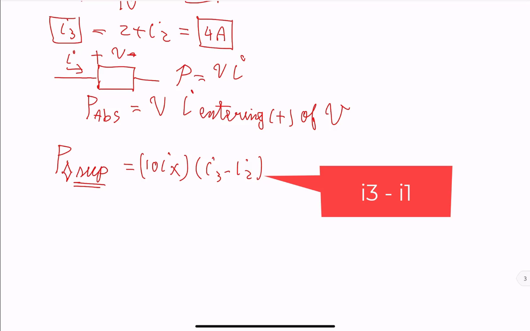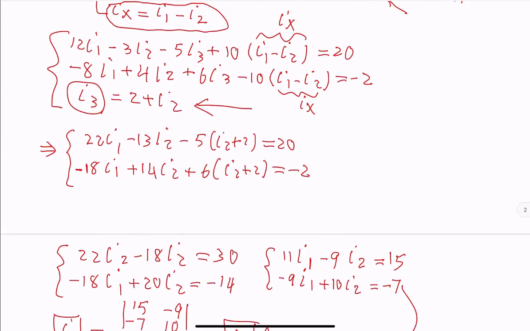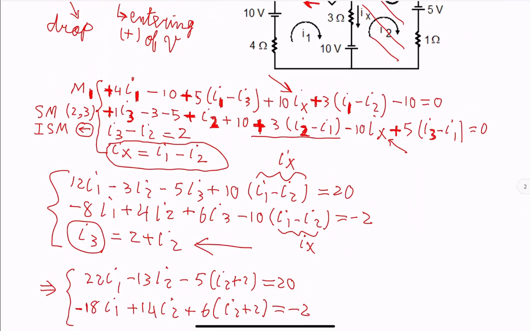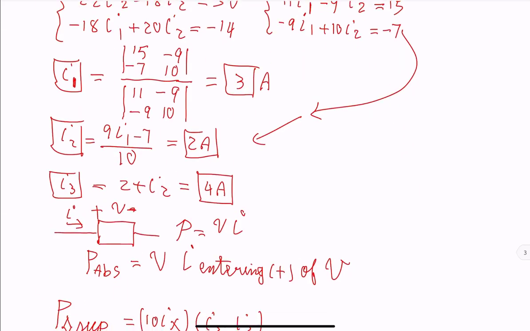That being equal to 10 times Ix itself is I1 minus I2. Ix is I1 minus I2.